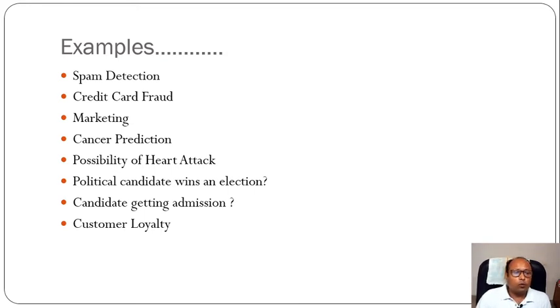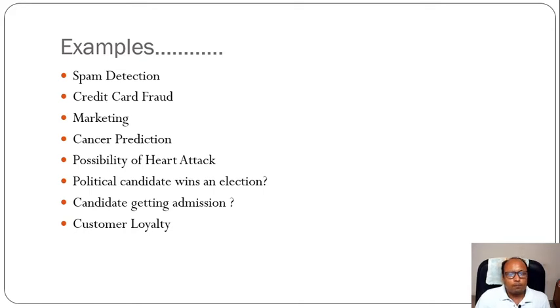In marketing, based on the category or information available about a buyer, you categorize them into buyer or non-buyer categories. Based on certain medical parameters, you want to find out whether this person has the potential of getting cancer or not. Similarly, based on the information about an individual, you want to classify them as a probable heart attack patient or not.